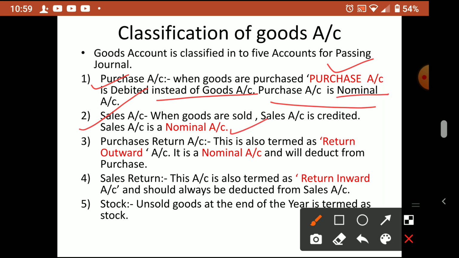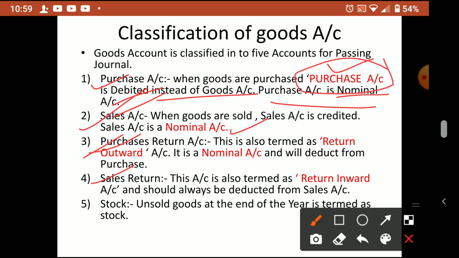Now purchase return, you know. Purchase return means what we purchased we are returning back. So purchase return will reduce our purchase. That means purchase rule what? Debit. Then purchase return rule will be opposite of purchase, credit. So purchase will be debited, purchase return will be credited.